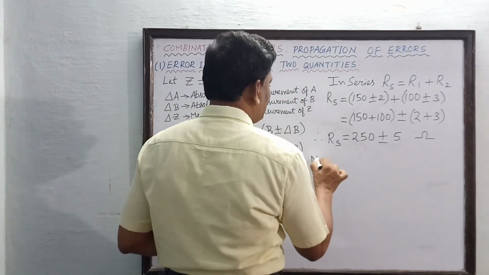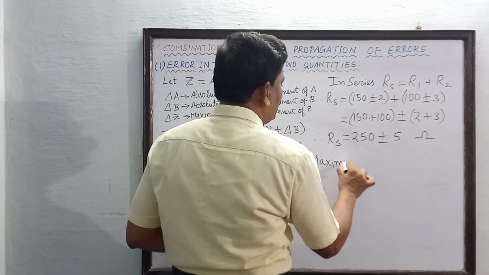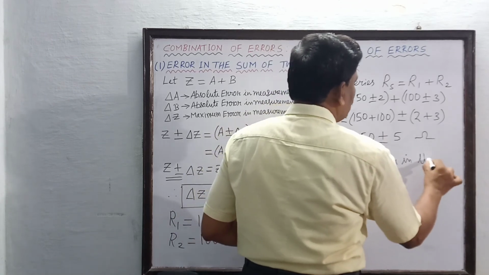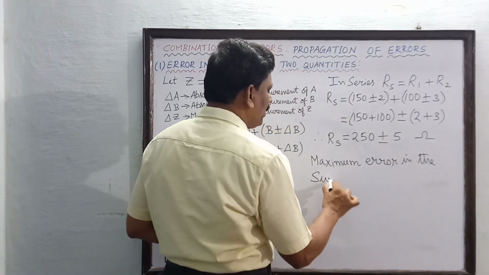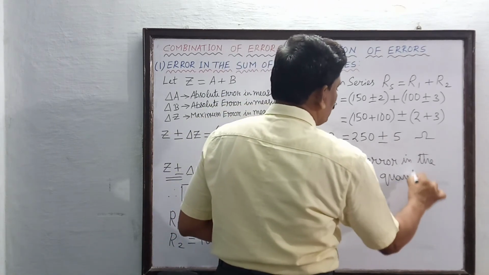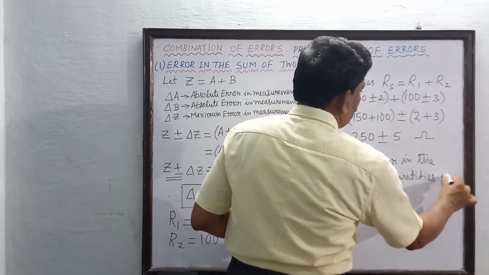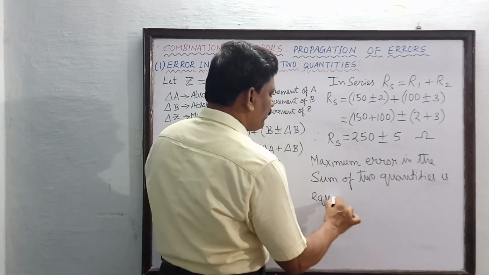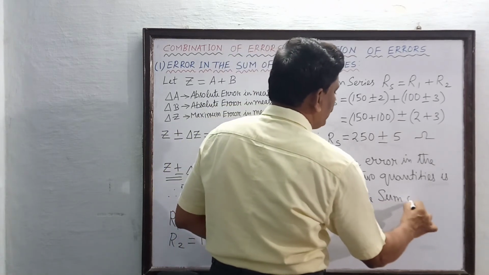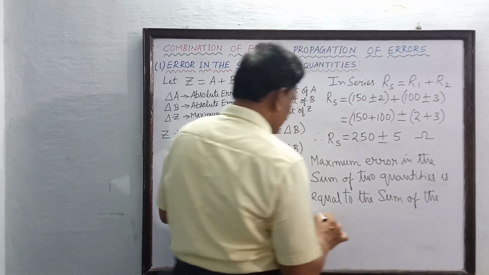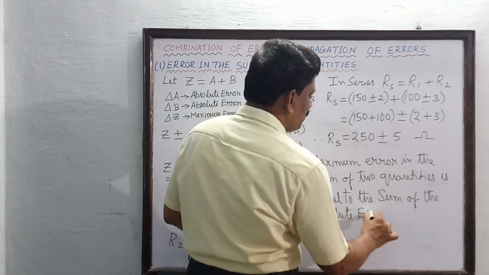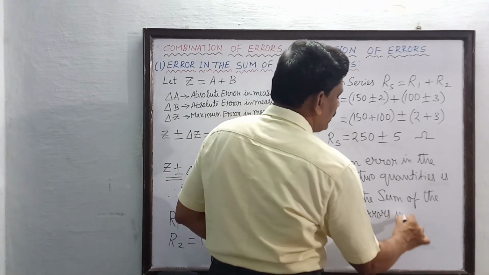So I will write here: the maximum error in the addition of two quantities is equal to the sum of the absolute errors in the individual quantities.